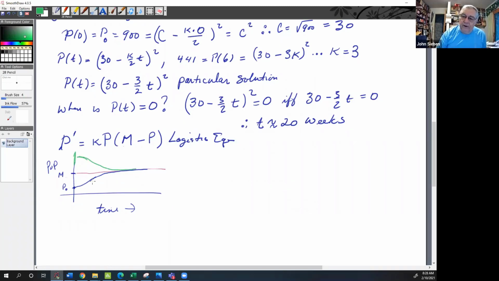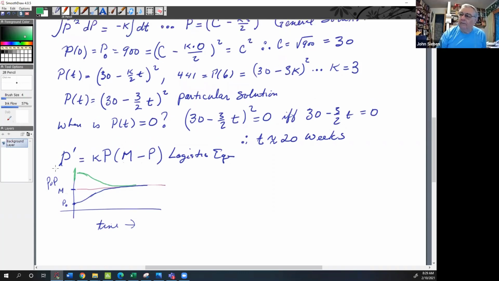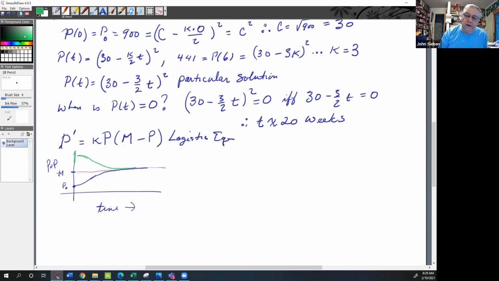These would be a die-off, this would be a population increase, and we stabilize around M. So I think it's not too hard to imagine that for many, many populations, that's a better description than anything we have so far. So we'll do that in a video and then talk again about population models. And we may be doing some velocity acceleration models depending upon how the population model goes.